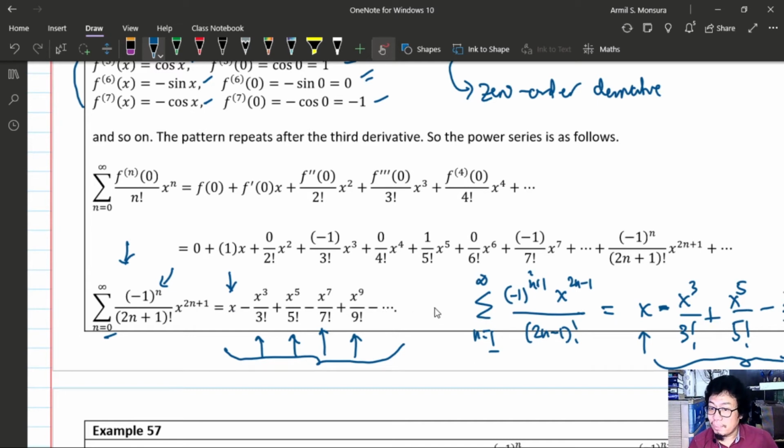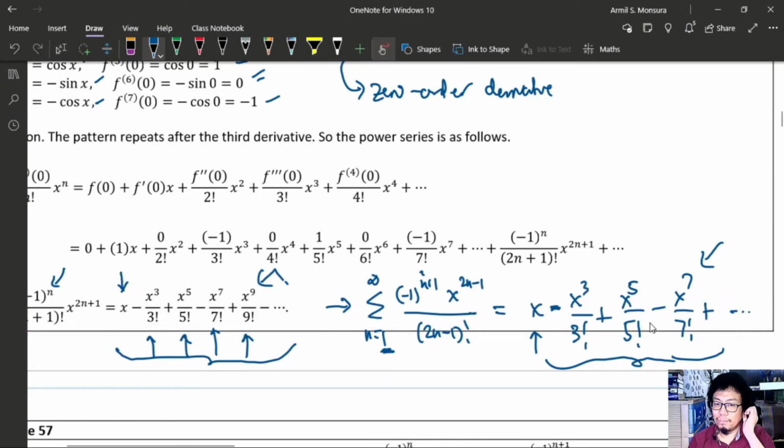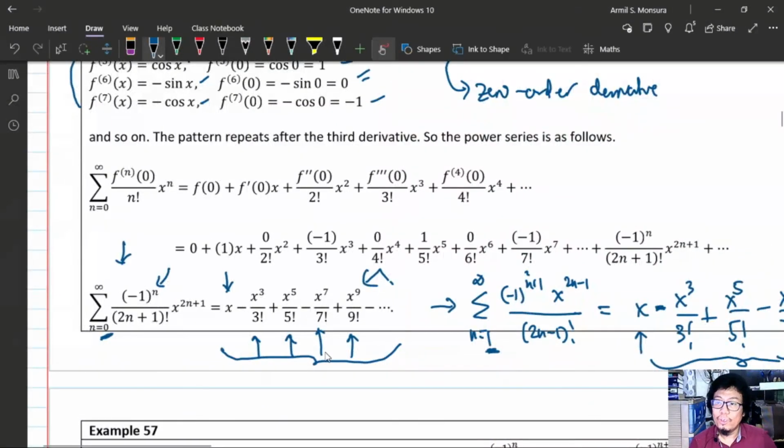I just demonstrated to you that where you start your series, 1 or 0, would not really matter, as long as you are able to discern the pattern correctly, because you would arrive at the same set of terms. But at this point, we will strictly follow the definition.